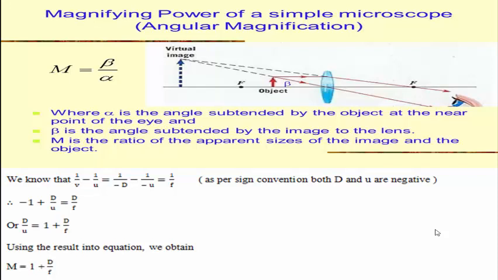Therefore, minus 1 plus d divided by u is equal to d divided by f, or d divided by u is equal to 1 plus d by f. Using the result in the equation, we get m is equal to 1 plus d divided by f.